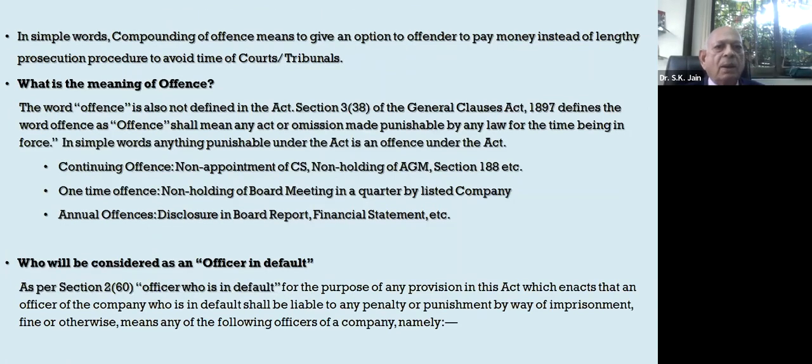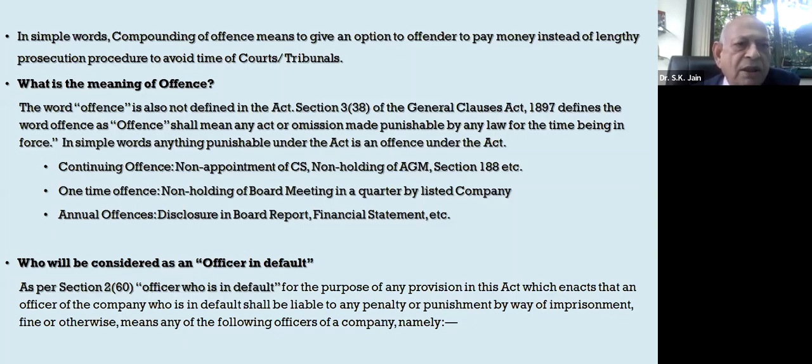In simple words, compounding of an offence means to give an option to the offender to pay money instead of a lengthy prosecution procedure, to save the time of the courts. Now, what is the meaning of offence? Under the Companies Act, there are offences which are of continuing nature, which are one-time offences, and which are annual offences.